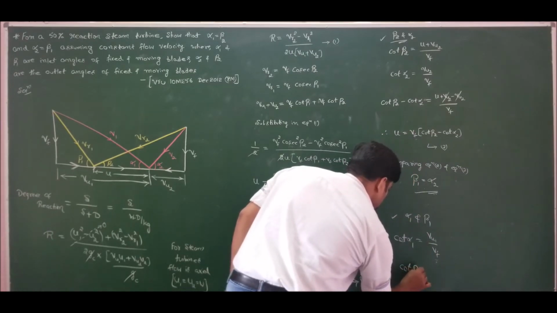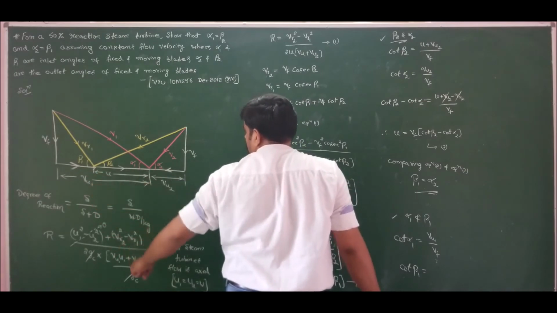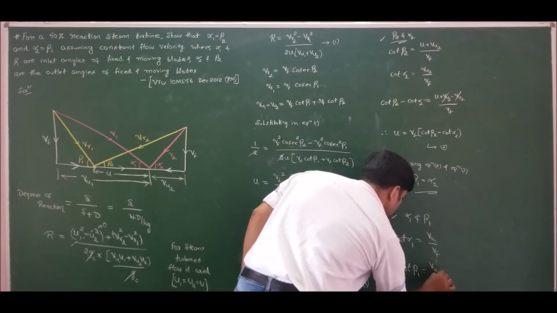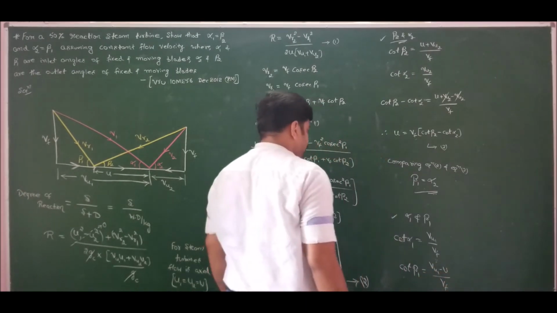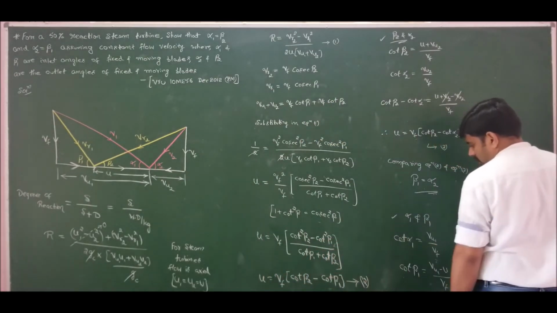Cot beta 1 is adjacent Vu1 minus u divided by Vf. So what I want is cot alpha 1 minus cot beta 1.